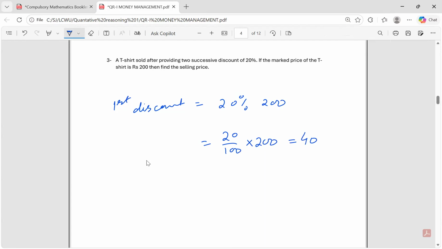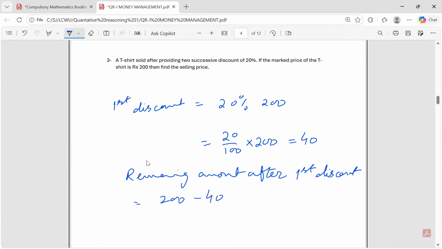So the remaining amount after the first discount is equal to 200 minus 40, that is 160 rupees. Okay.